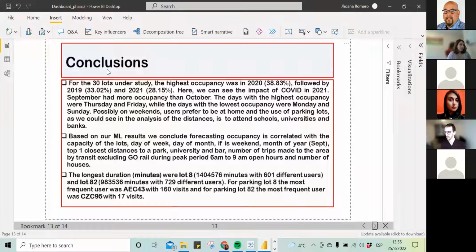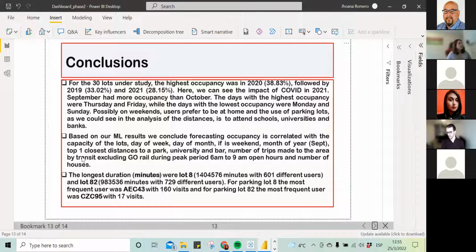And finally, here we can see some conclusions of our work. We mentioned these conclusions throughout the presentation. For the 30 parking lots under study, the highest occupancy was in 2020, and the lowest occupancy was in 2021. We can see the impact of COVID-19 only in 2021. September had more occupancy than October.